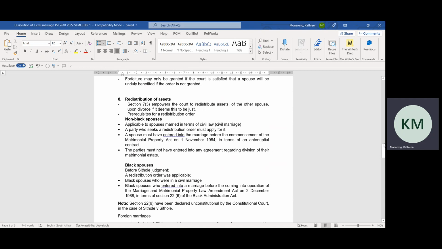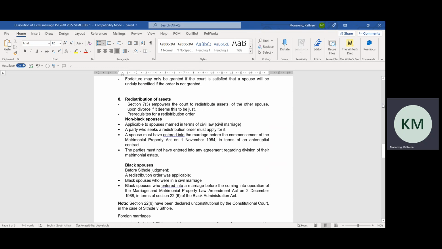For non-Black spouses, for a spouse to request an order for redistribution of assets, the parties must have entered into a marriage before 1 November 1984 in terms of an antenuptial contract, meaning that the marriage must be out of community of property in terms of an antenuptial contract. And the parties also must not have entered into an agreement regarding division of their matrimonial estate.